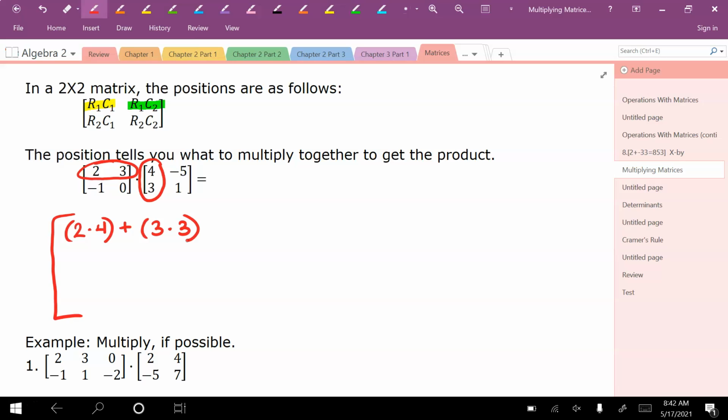Okay, then I'm going to keep that same row circled, so I'm still using that row 2, 3, but I'm now going to shift over to the second column in the second matrix. So now I take that same row 2, 3 times the new column -5, 1, and that's going to be the next element in the top row. So you're going to have 2 times -5 plus 3 times 1.